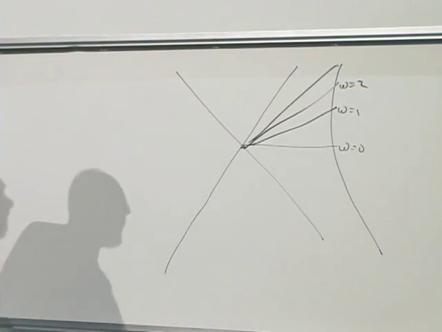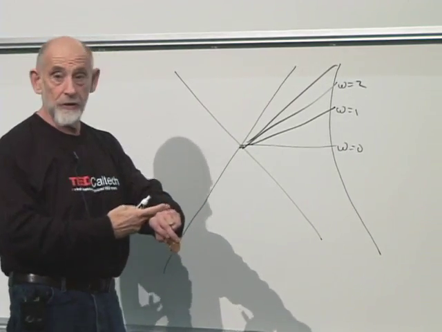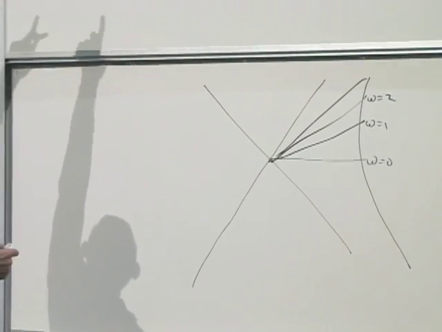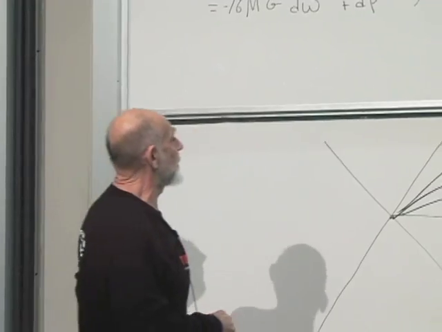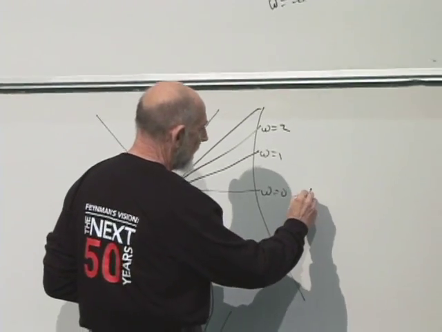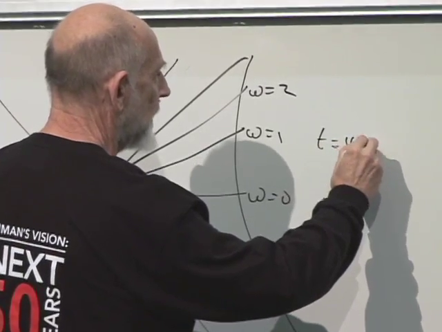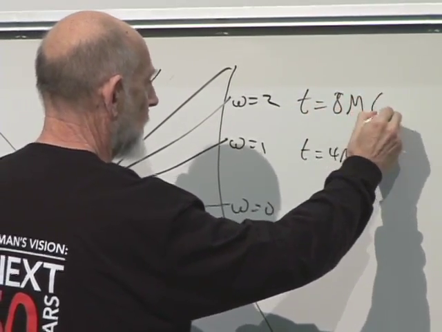What about the Schwarzschild time? You know, the usual time that Bob measures on his wristwatch. He measures Schwarzschild time, the t. Well, t and omega are basically the same thing except for a factor of 4MG. So this would be his time equals 0. This would be his time equals 4MG. This would be his time equals 8MG, and so forth.